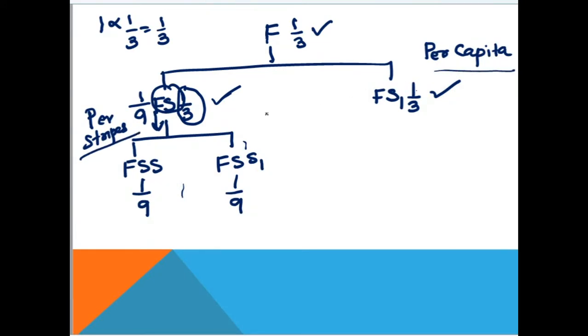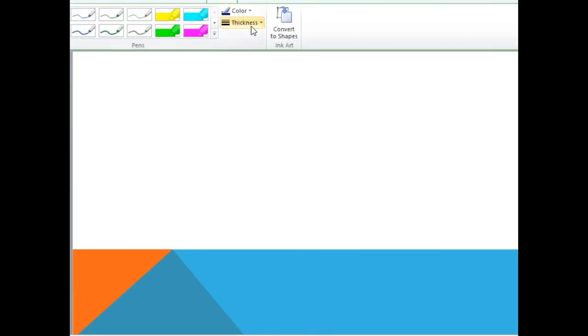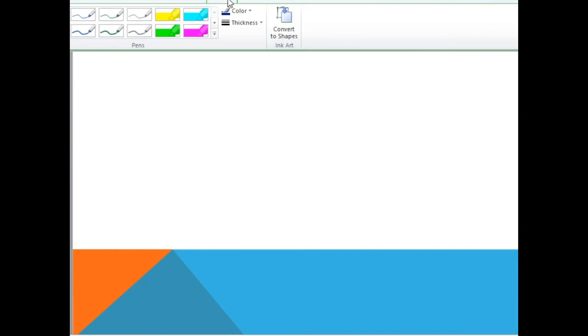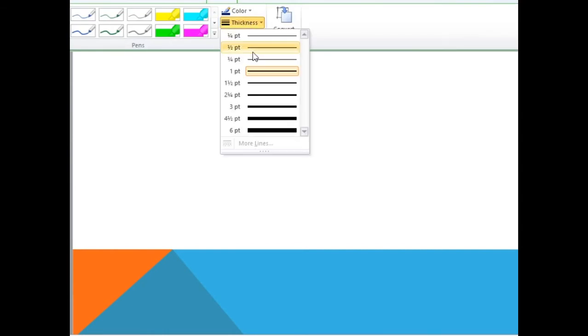Now let's understand what is the rule of partition and succession as regards the per capita and per stripes division. Now let's see.